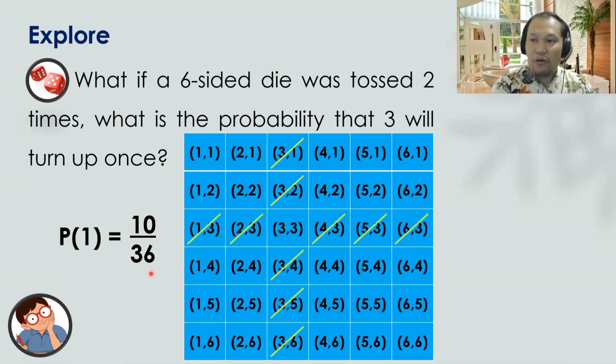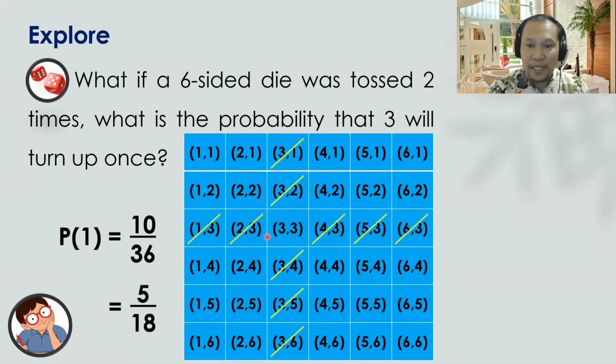But 10 over 36 can be simplified since 10 and 36 are divisible by 2. Therefore, the probability that 3 will turn up once is equal to 5 over 18.